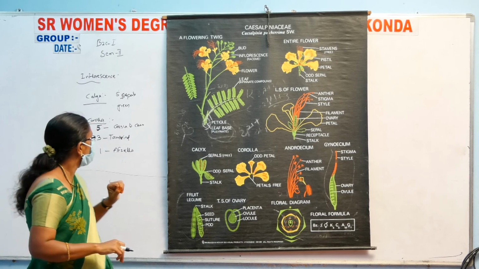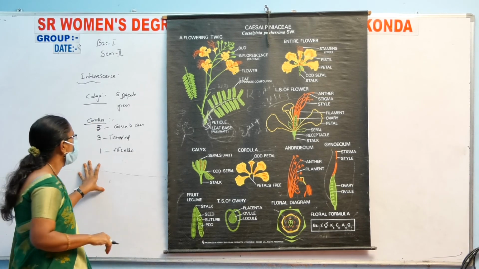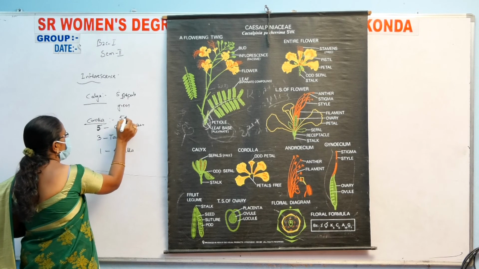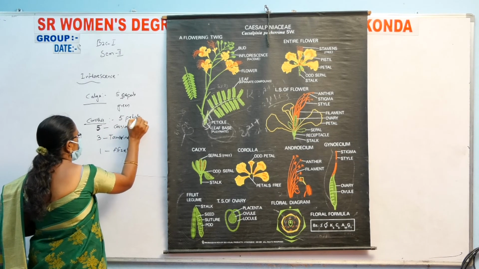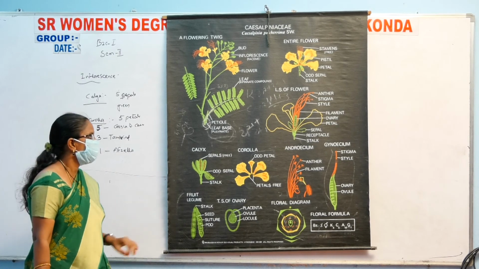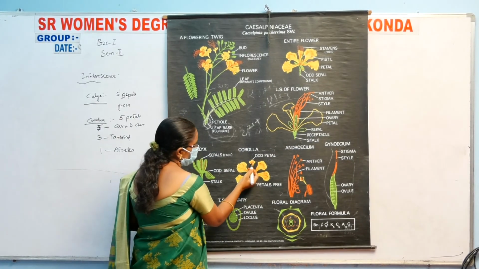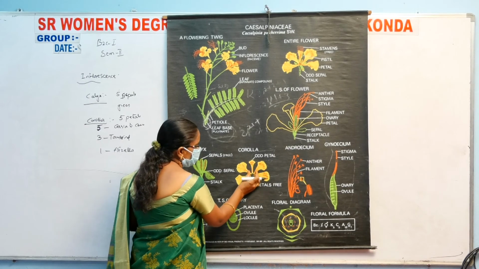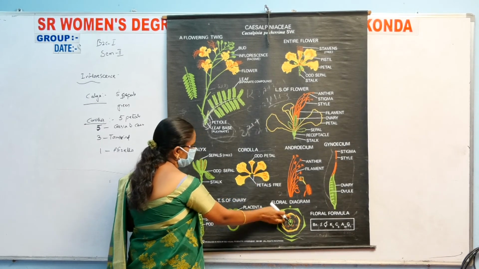This is the corolla. The corolla consists of mostly 5 petals. These petals are attractive colored: 1, 2, 3, 4, 5. The odd petal is present in the posterior side of the flower.